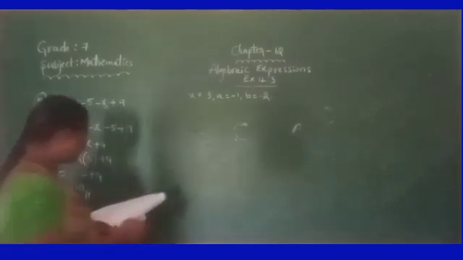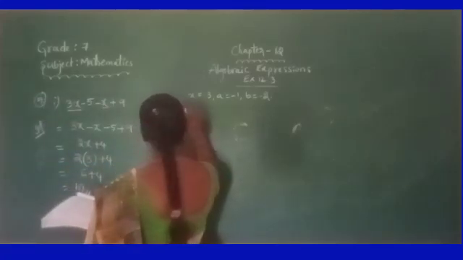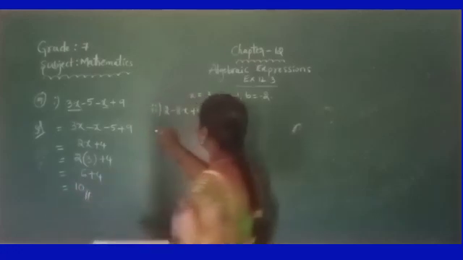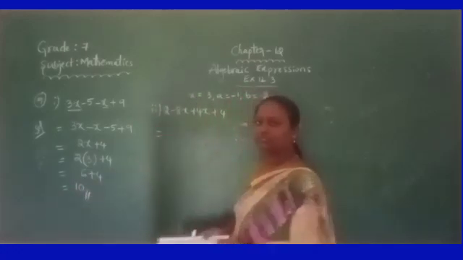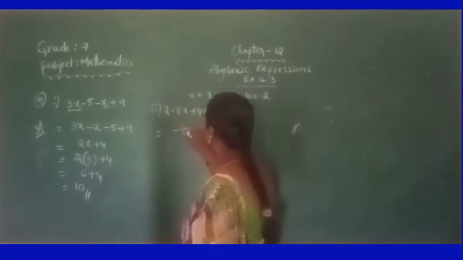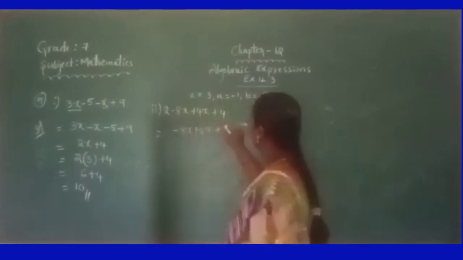Right. Similarly, the second one: 2 minus 8x plus 4x plus 4. This one also we have to solve. First write the x terms, minus 8x plus 4x, and next the constants, plus 2 plus 4.